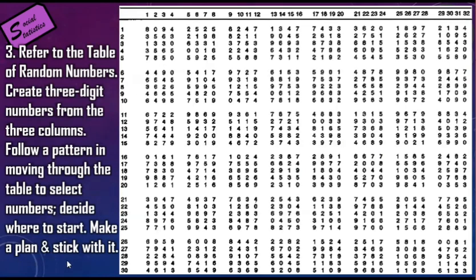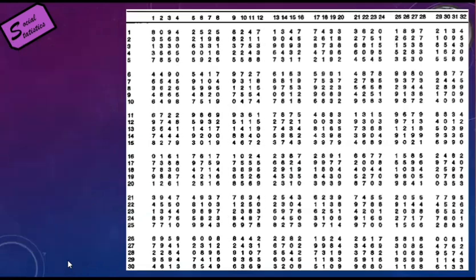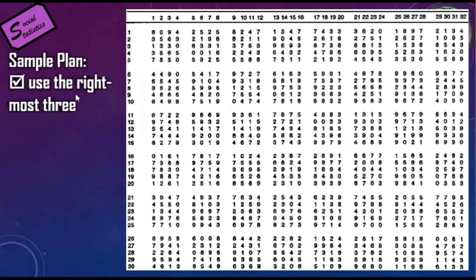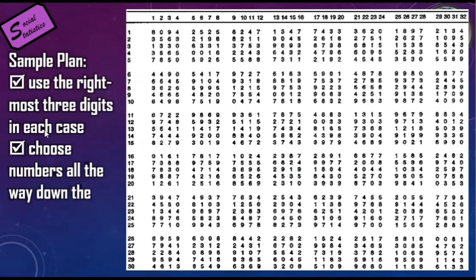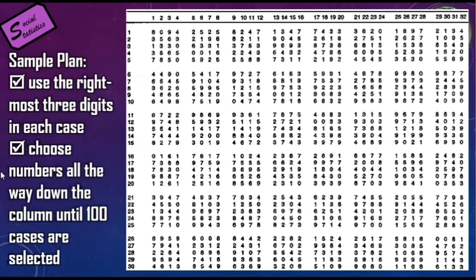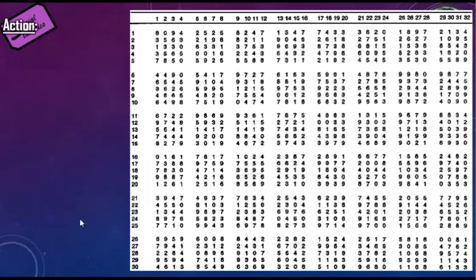Make a plan and stick with it. Sample plan: use the rightmost 3 digits in each case. So you go right. Choose numbers all the way down the column until 100 cases are selected. Okay, this is the plan. You go right and then choose numbers downwards.